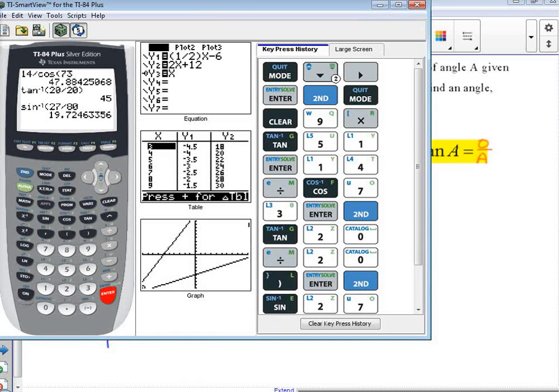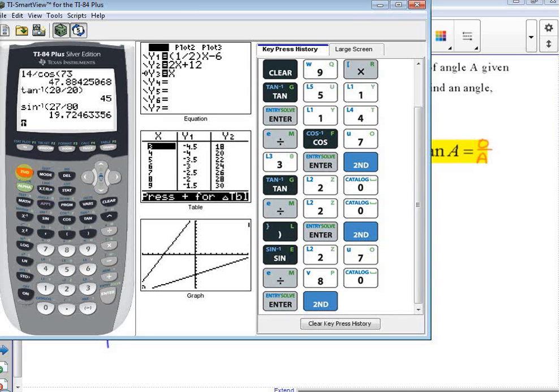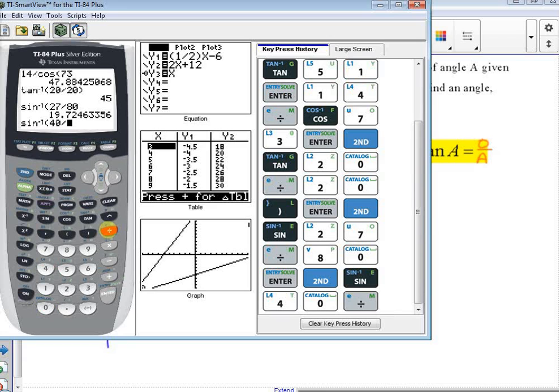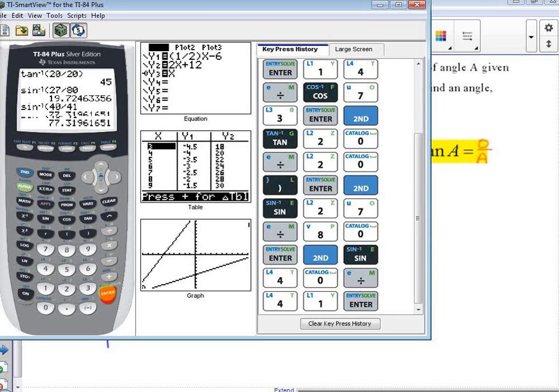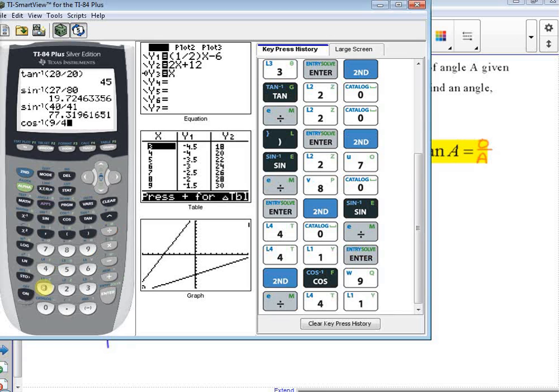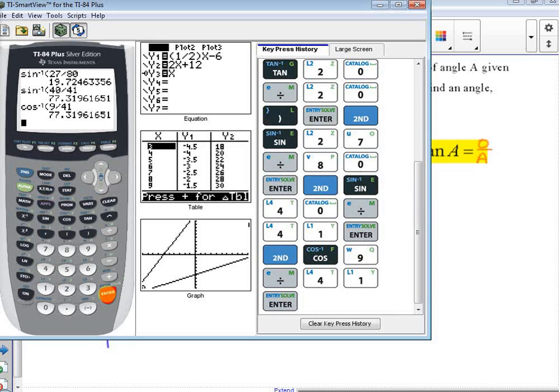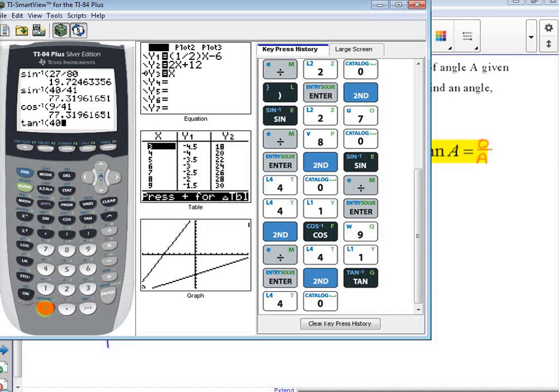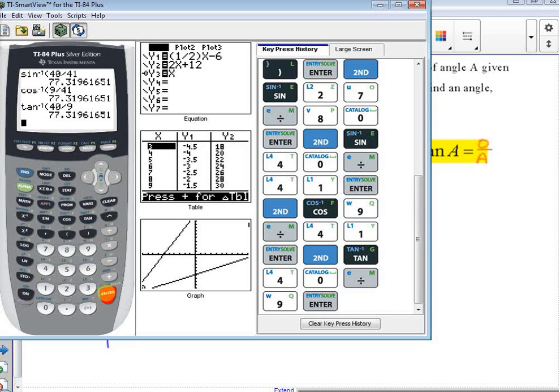So if we go to our calculator, second sine of 40 divided by 41, you get 77. If I do second cosine of 9 divided by 41, I also get 77. So second tan of 40 divided by 9, you're also going to get 77.